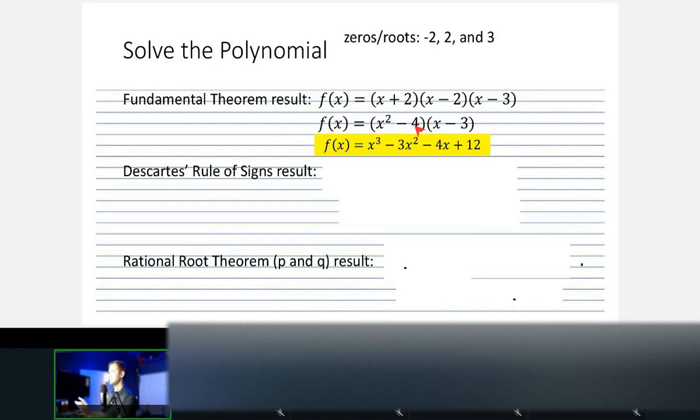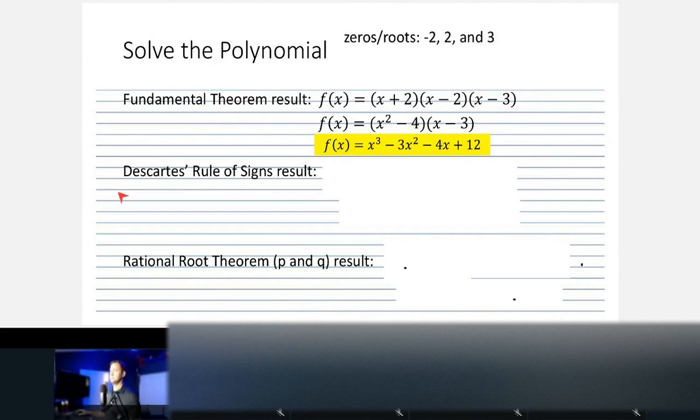Hopefully you made that connection and you didn't necessarily have to FOIL it. We could have gone from this form to this form in one step if you knew how a difference of two squares factors. Now, if you did FOIL it, that's totally fine. You FOILed it, combined like terms, and got here anyway. It doesn't really matter, whatever makes the most sense to you.